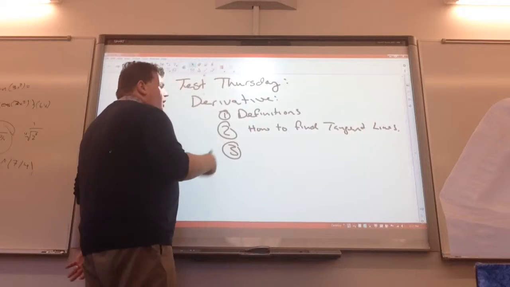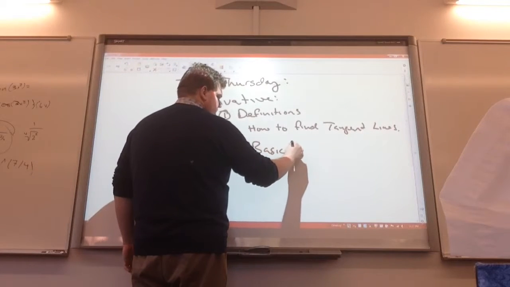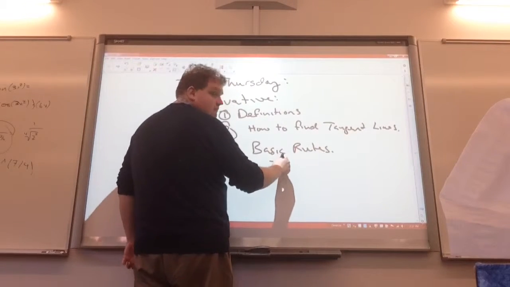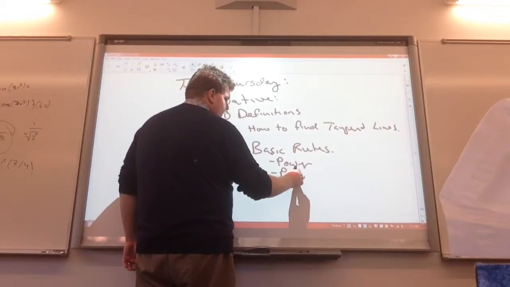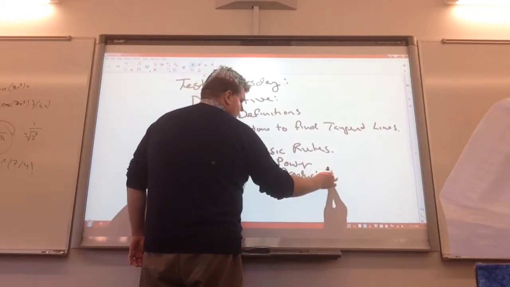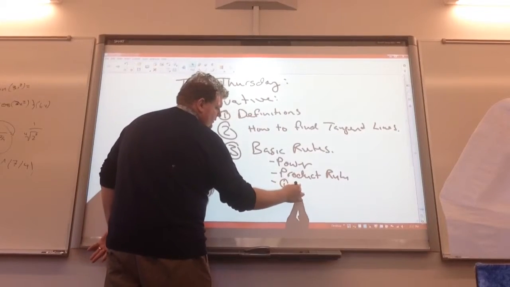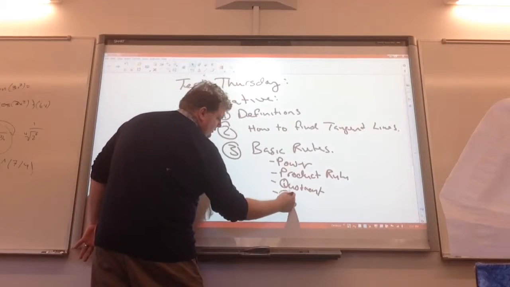Third thing are all the rules, so the basic rules. And those rules are the power rule, product rule, okay, quotient rule, and one we're going to learn today called the chain rule.